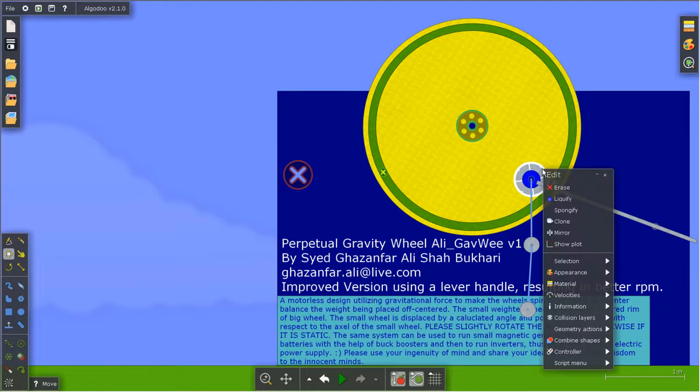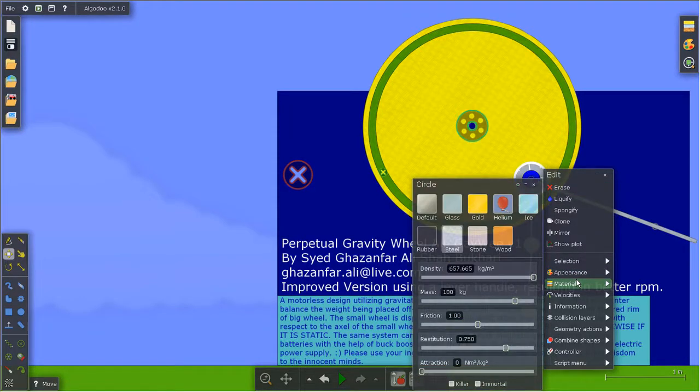For the smaller wheel inside, the material is the same, steel. The mass is 100 kg. This is very important. Previously I used a mass of 200 kg.